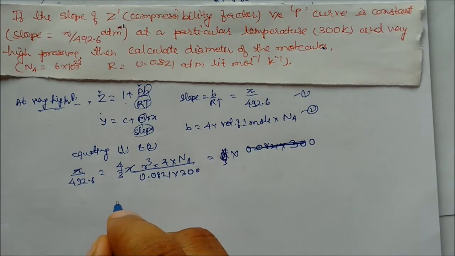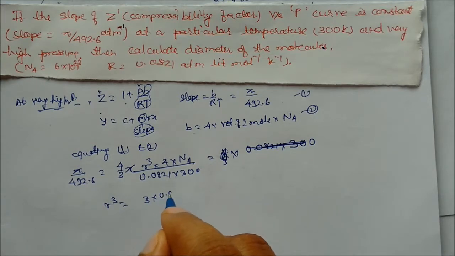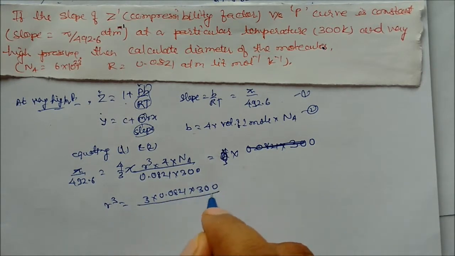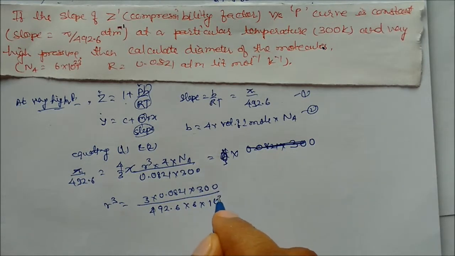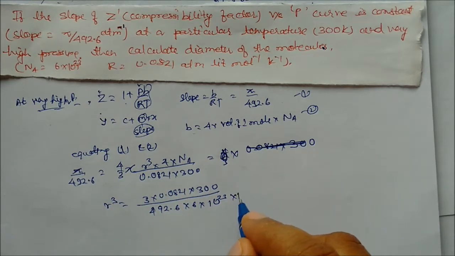So on solving you will get R cube is equal to, this pi cancels, so this will be your 3 into 0.0821 into 300, divided by 3 into this value 492.6, then 6 into 10 to the power 23, and these two values into 60.